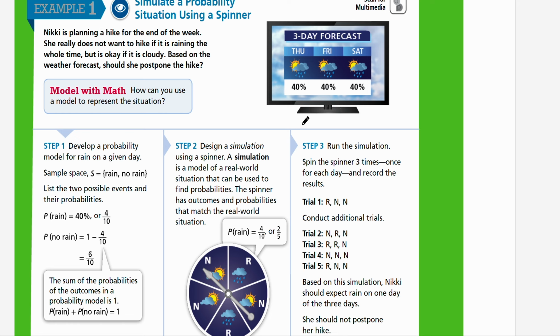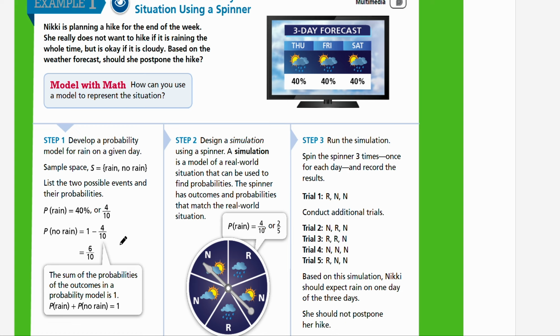So yeah, there are two possibilities, raining or not raining, but we have a 40% chance of rain, so that's given. So that means the probability of raining would be 40% or 4/10, and no rain would be all the other percent, which is 60%, right? And so we can design a simulation using a spinner that represents this probability.